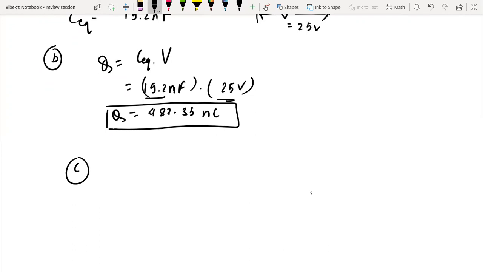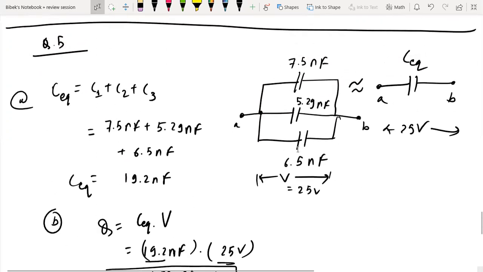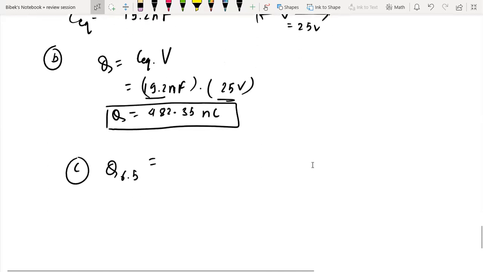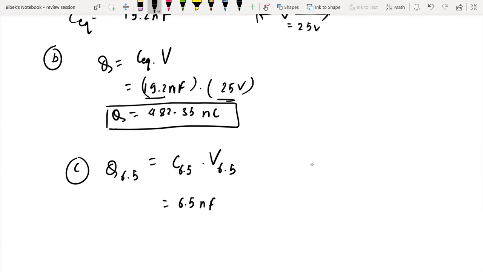Let's go for C. You need to find the charge stored in the 6.5 nanofarad capacitor. So Q 6.5 will be the capacitance of 6.5 nanofarad times the voltage across that capacitor.